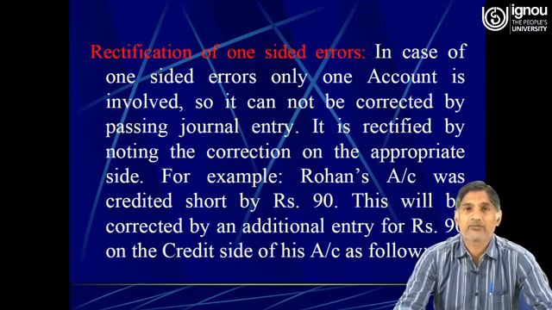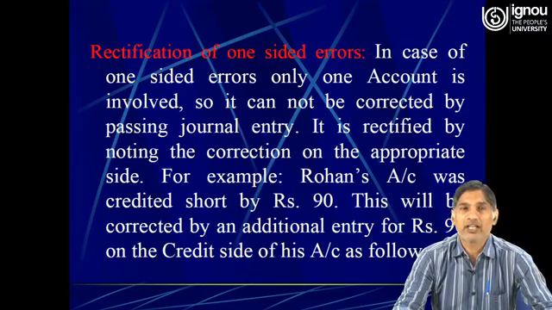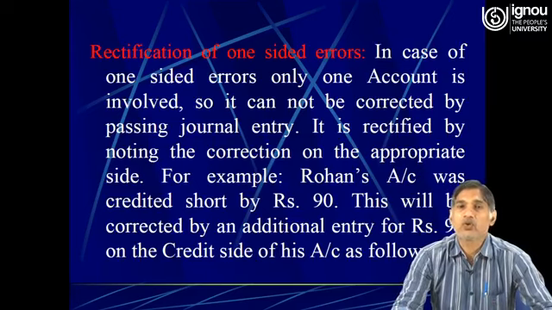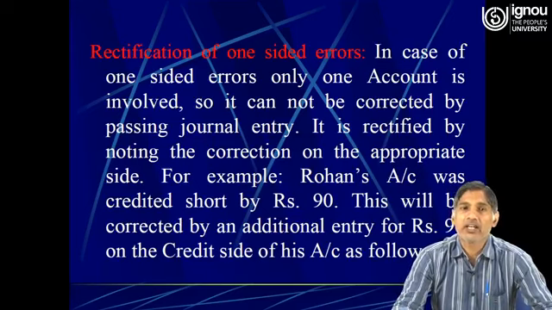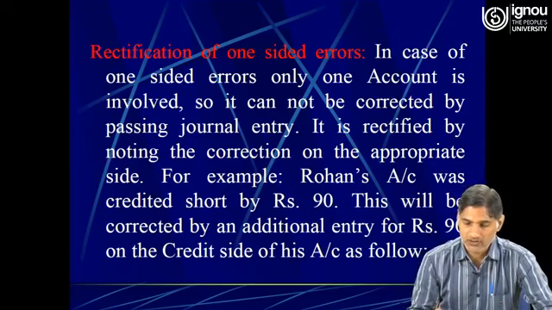For example, Rohan's account was credited short by rupees 90. So when Rohan's account has been credited short by rupees 90, this will be corrected by an additional entry for rupees 90 on the credit side of his account, which is as follows.